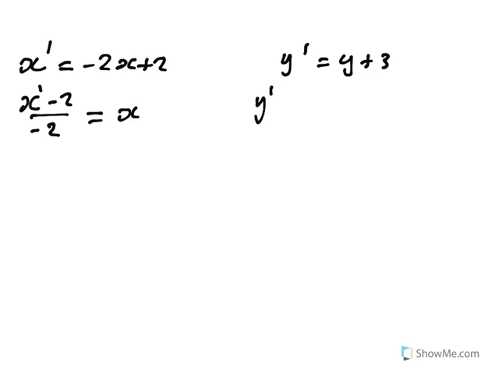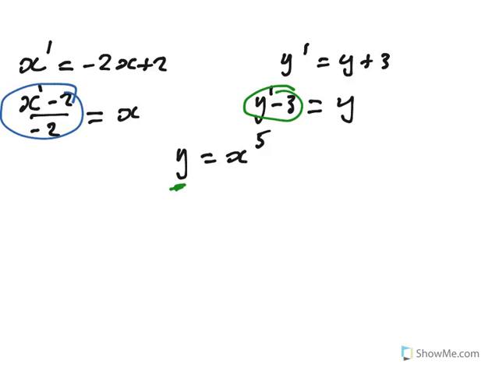Take 3, so y dashed minus 3 equals y. Because what we're going to do is replace the x and the y, the old ones, by an expression with the image in it. So this goes in here, and this goes in here.